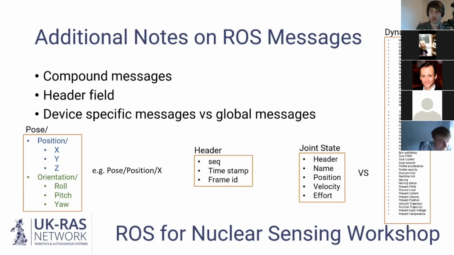Position is made up of three fields, X, Y, and Z, and for orientation I've got roll, pitch, and yaw. So you can imagine for a pose message, there already existed a position message and an orientation message, and then they stuck them together.